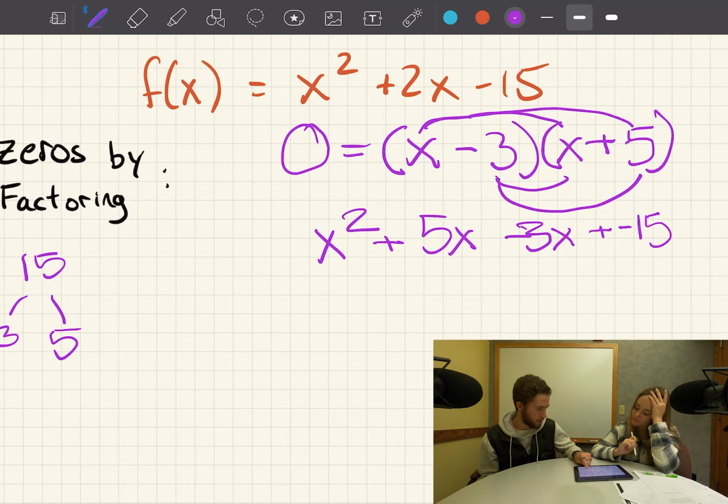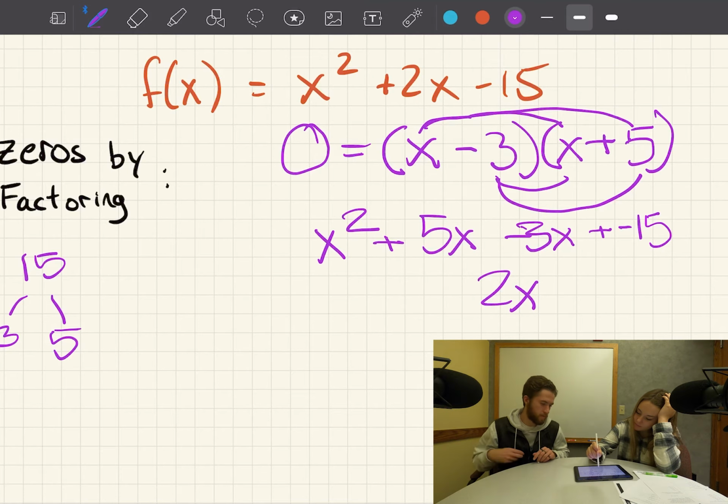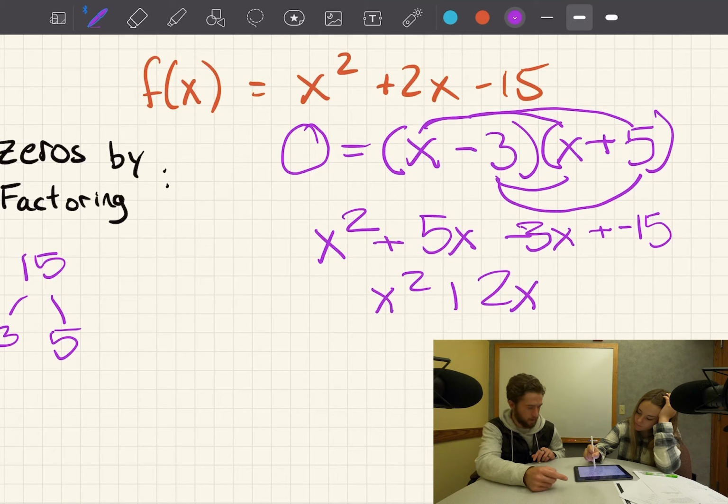What does 5x minus 3x equal? 2x, right? And you can just rewrite the rest of this.